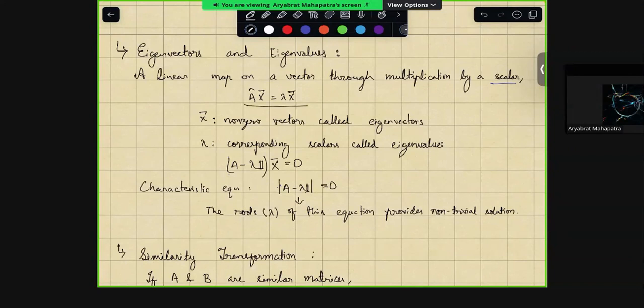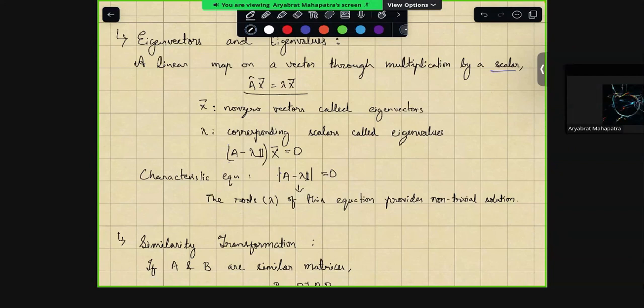For a given system of equations, I mean not differential, for a system of algebraic equations, if you want to find the eigenvalues, we solve this characteristic equation.